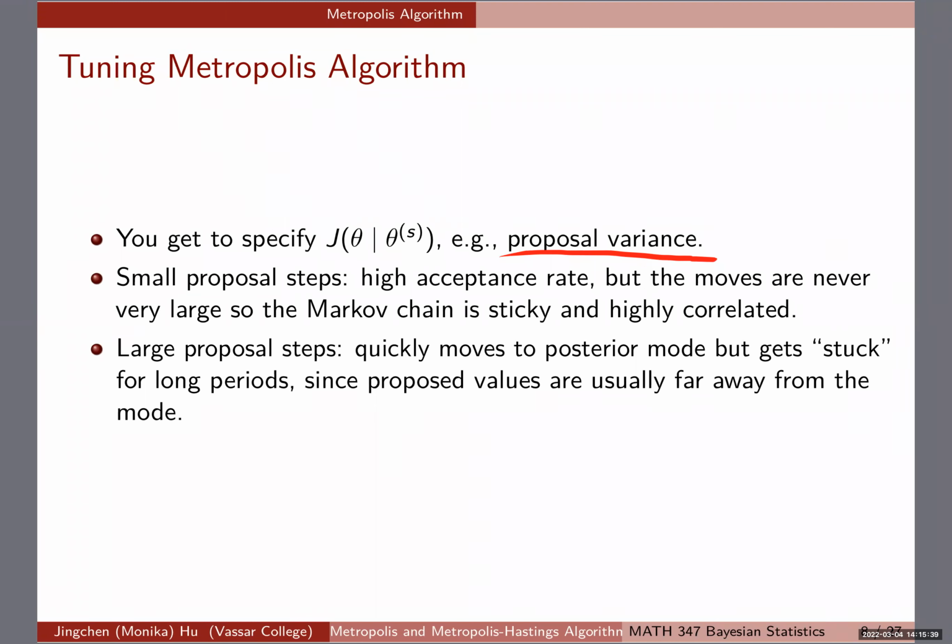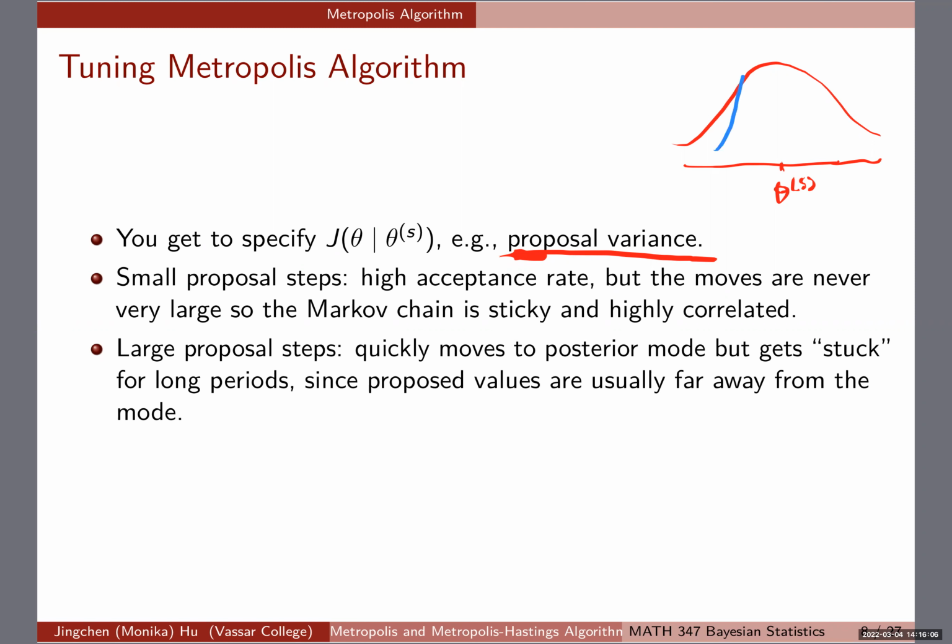The proposal variance is how far away your new draw could be from your current draw. If I'm doing a normal, which is symmetric, I need to center it at my current iteration when making my theta star. I can choose one with a larger variance, which means a larger spread.